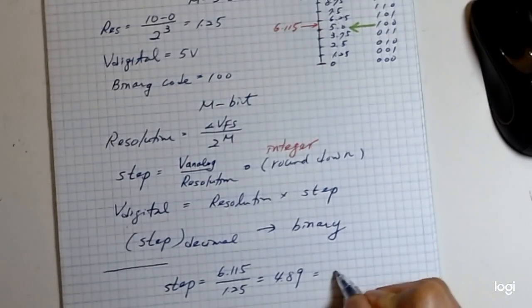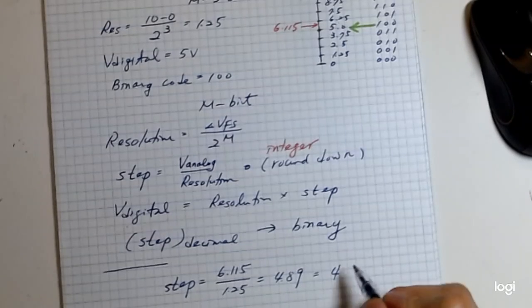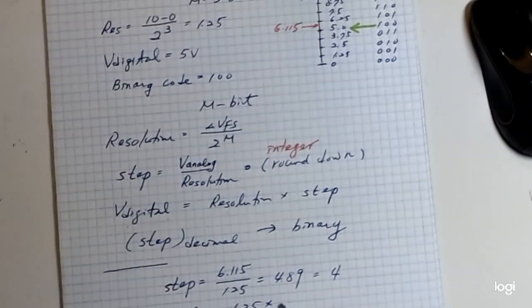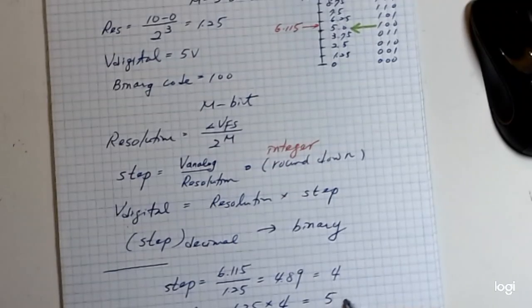So round it down, so 4 steps. So digital voltage will be the resolution times 4, so 5 volt.